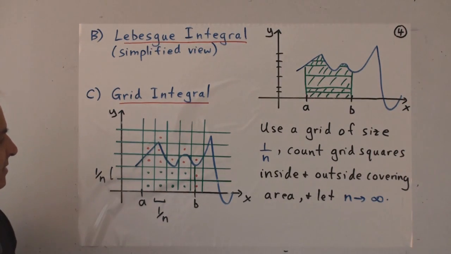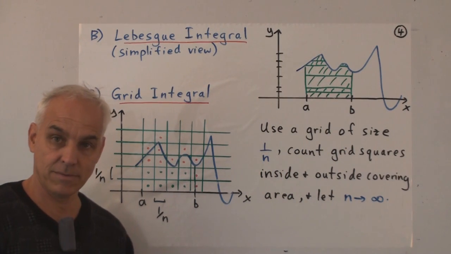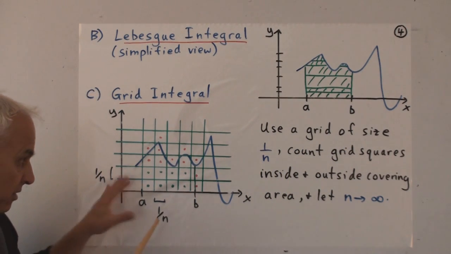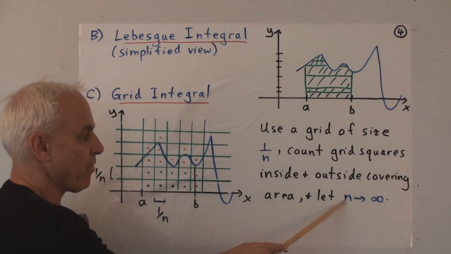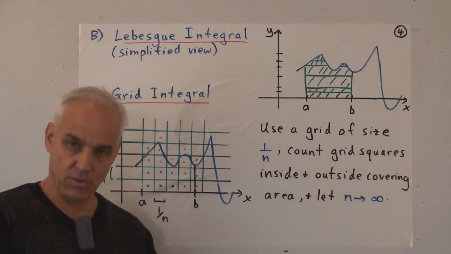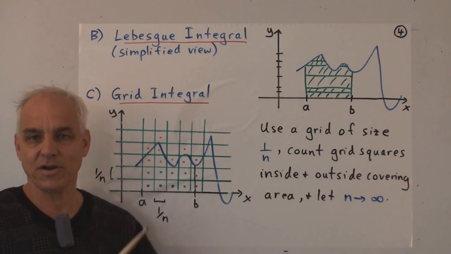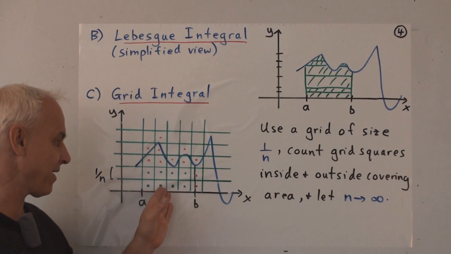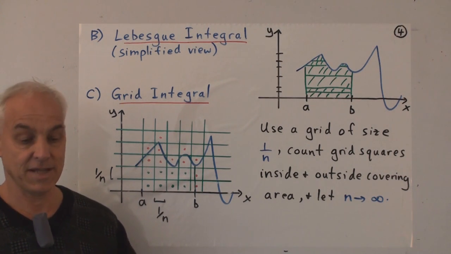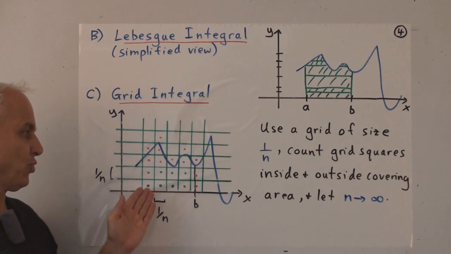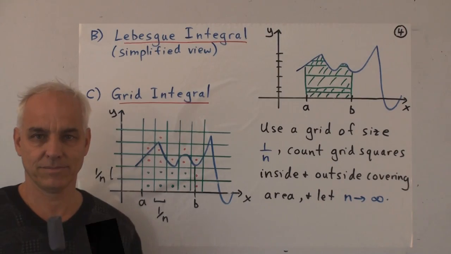So we could get at the area by using a grid of size, say, 1 over n, and counting grid squares inside and out, and then letting this number n approach infinity or get large. In other words, we use a finer and finer grid paper to make our approximation more and more accurate. So that's another approach to the integral. We might call that the grid integral.